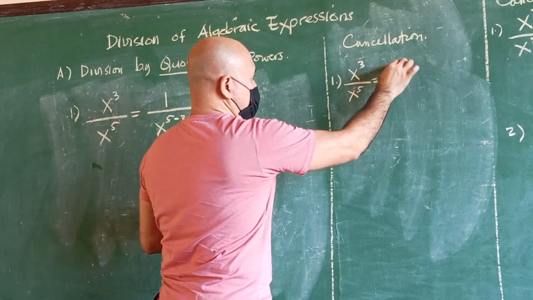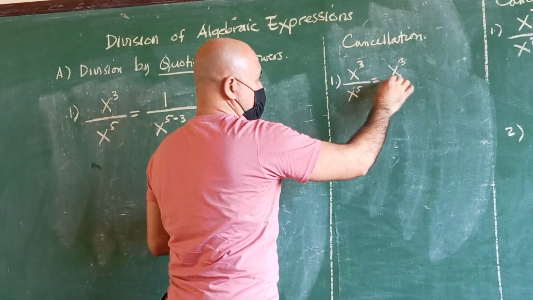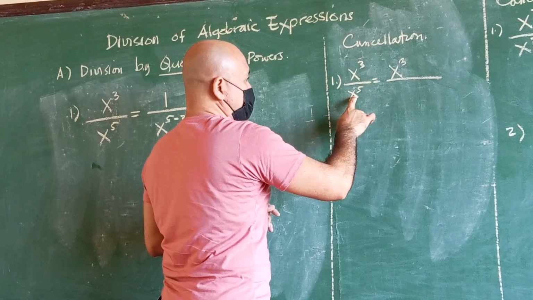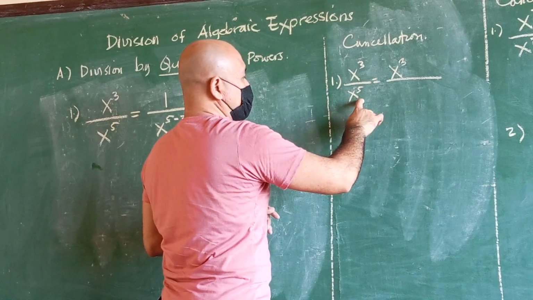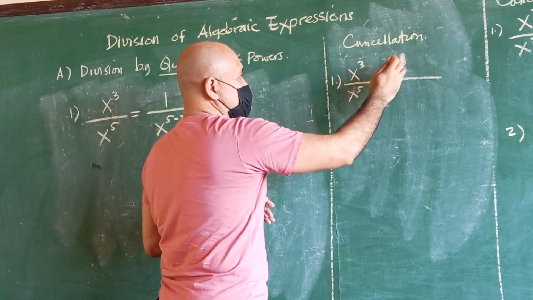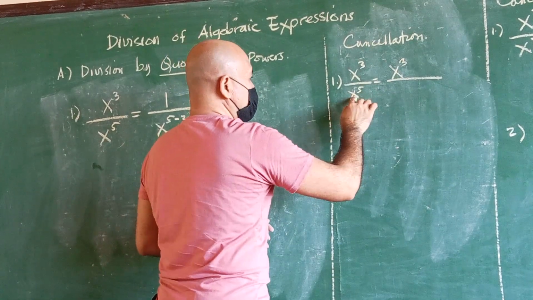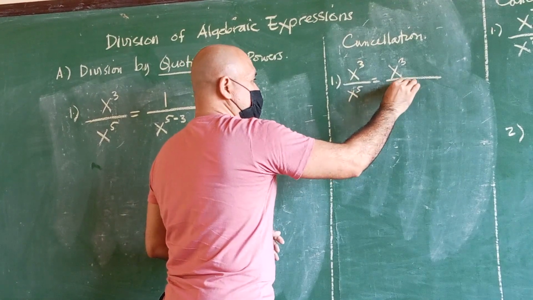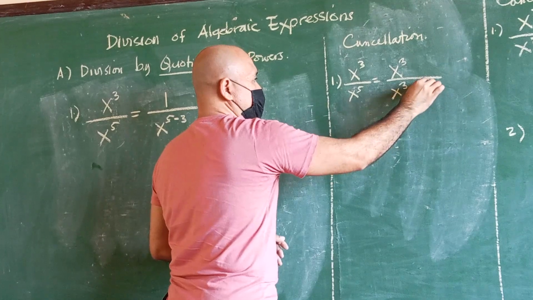Just rewrite it and factor out the variable and the exponent, where one of the factors has the same exponent as the numerator. So for x raised to the power of 5, you can factor that into x raised to the power of 3 times x raised to the power of 2.